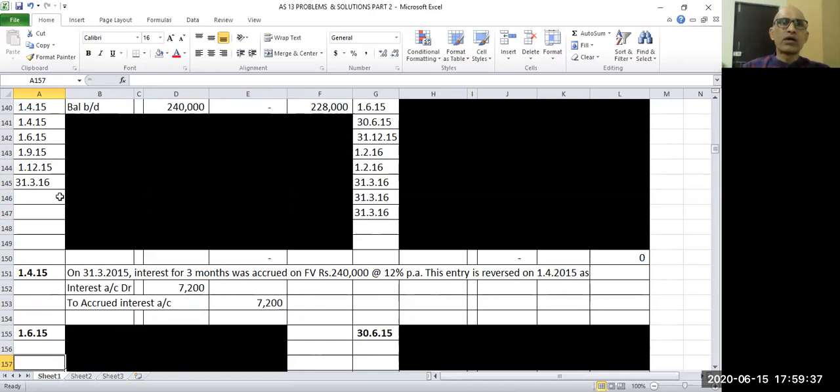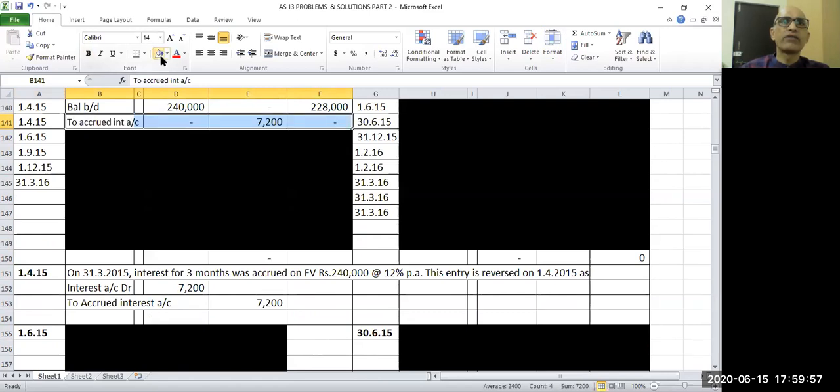The entry will be now interest account debit to accrued interest account. In the last year, we must have passed the entry accrued interest account debit to interest account, which stands reversed on 1st of April 2015. So before recording the sale, let us reverse this entry, and the entry that we have passed now is interest account debit 7,200 to accrued interest account 7,200.